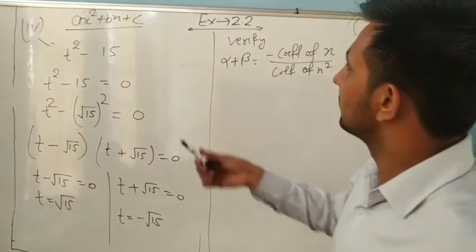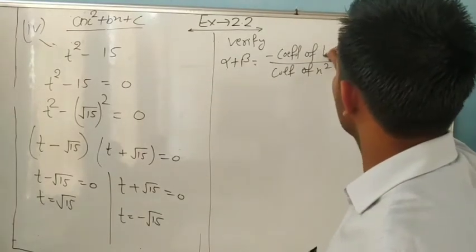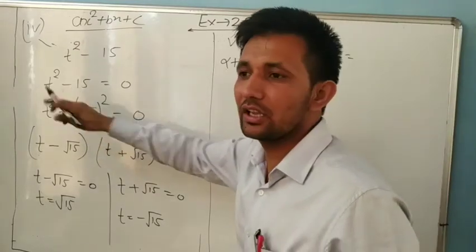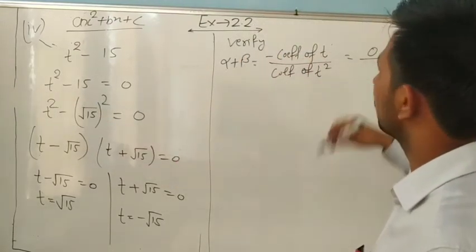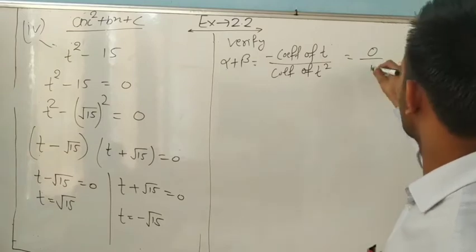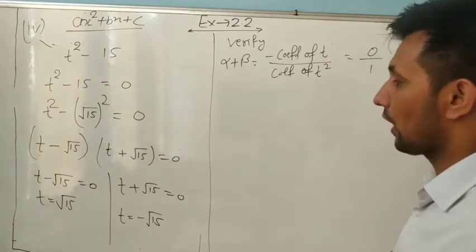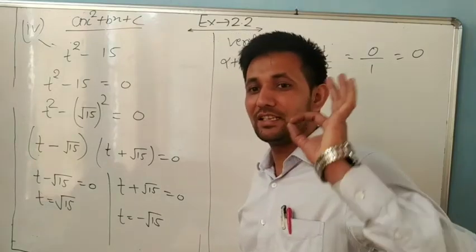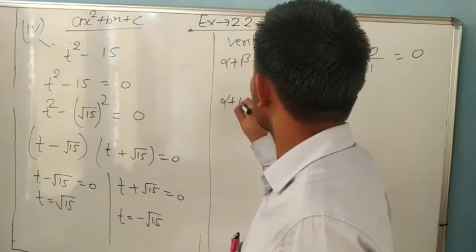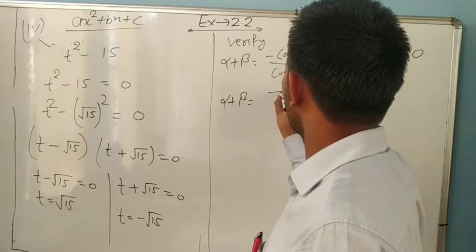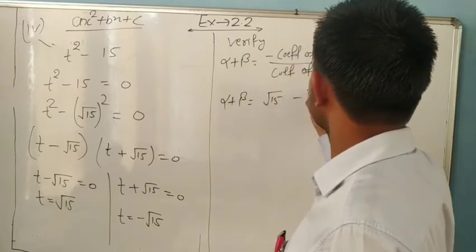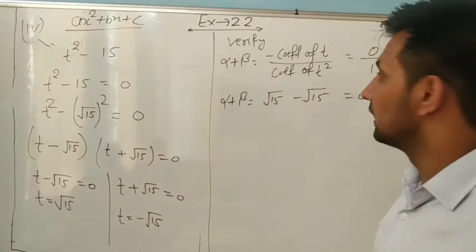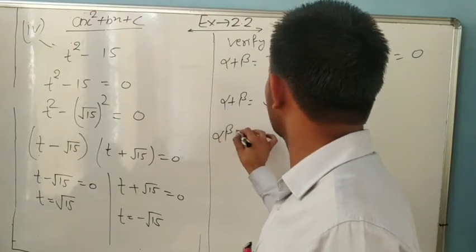Here the variable is t, so the coefficient of t, nothing is given, is 0. 0 divided by any number is 0. So alpha plus beta, look, root 15 plus minus root 15 is 0. Alpha plus beta, root 15 minus root 15, how much? 0. Understand or not?